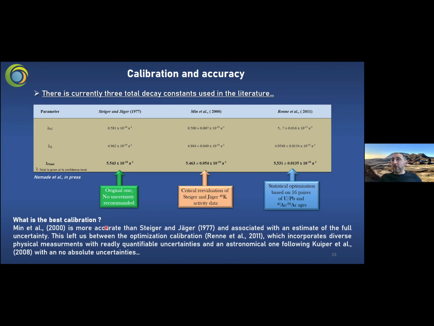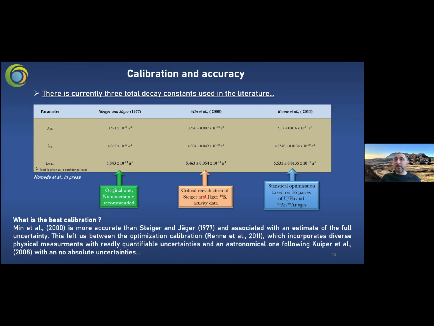So you might ask the question, what is the best calibration? Of course, Min et al. is more accurate because you have an uncertainty. So it leaves us with 2 possibilities, Renne et al. and Min et al. The calibration of Renne et al. incorporates diverse physical measurements, and of course you have quantifiable uncertainties.